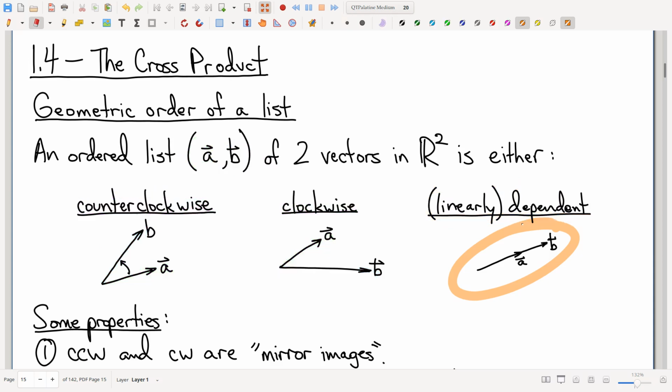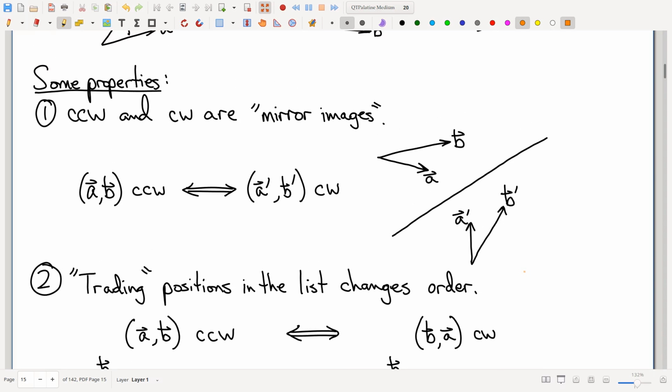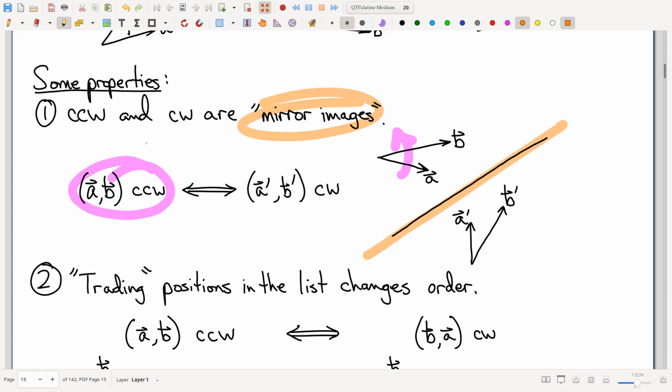All right. Now, y'all have probably been aware of analog clocks for a long time, and so you're probably already familiar with a lot of these properties, but let's write them down anyway. If you have a counterclockwise list and you reflect, take a mirror image of those vectors, the result is a clockwise list.